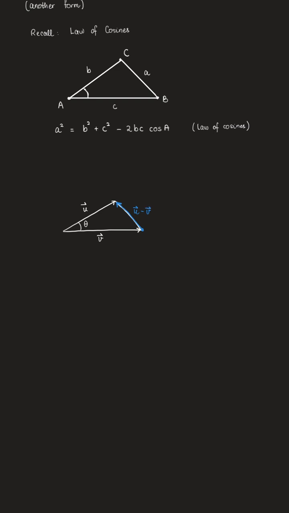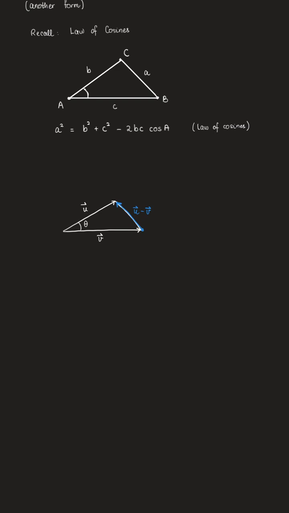If you use the parallelogram rule, you can complete the parallelogram spanned by vectors u and v, and note that this is one of the two diagonals. The other diagonal will be the sum of u and v, and this diagonal is the difference of u and v. Okay, so let's apply the law of cosines to our triangle, noting that the lengths of the sides will be magnitudes of our vectors.